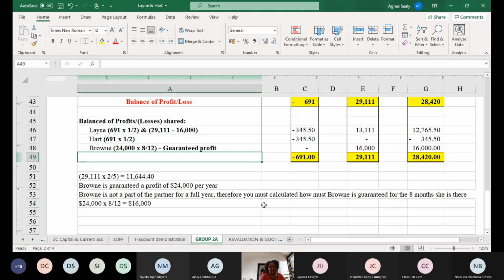But because there's a guarantee, Brown cannot get less than $16,000. So you have to give Brown that $16,000 first, and then whatever is left over, Layne would get as the leftover. Right? So this is the statement of appropriation.